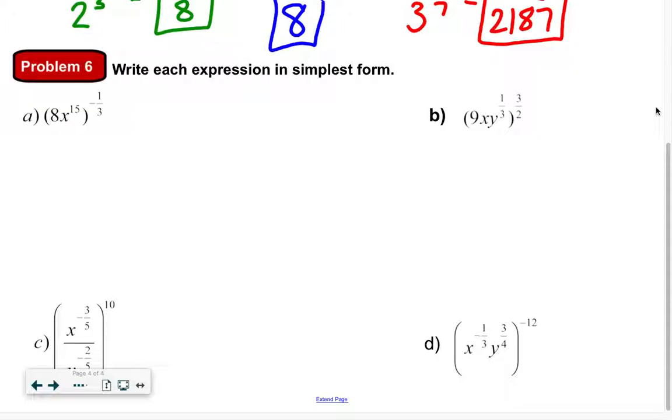I have 8x to the 15th, all to the negative 1/3 power. First, let's deal with our negative exponent. What do we do? 1 over. I'm going to leave it in parentheses. 8x to the 15th to the 1/3.